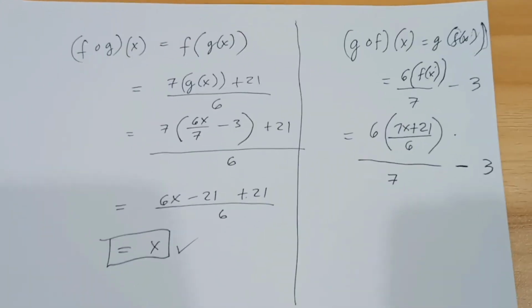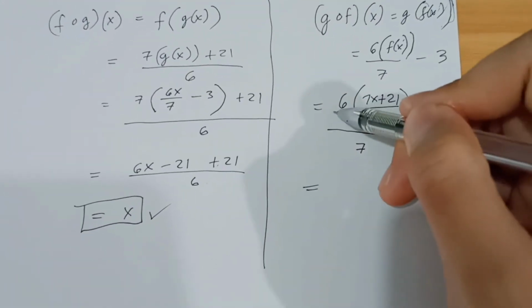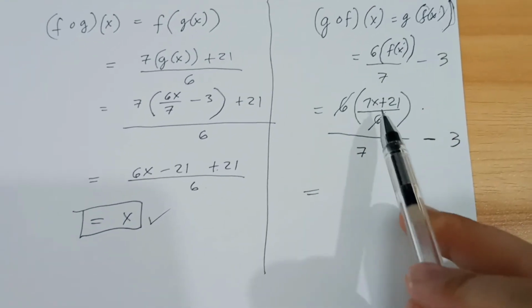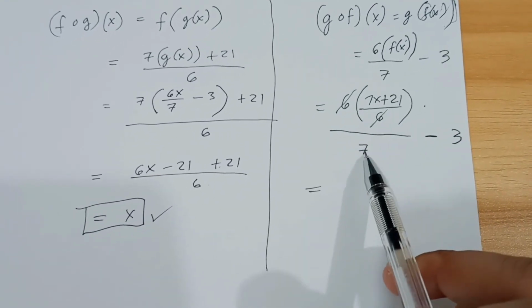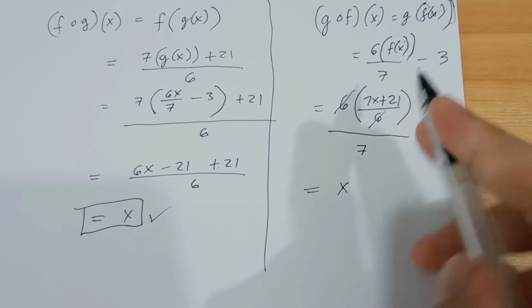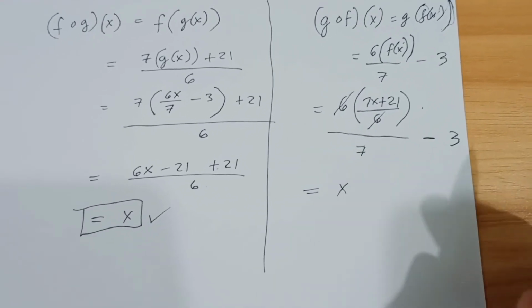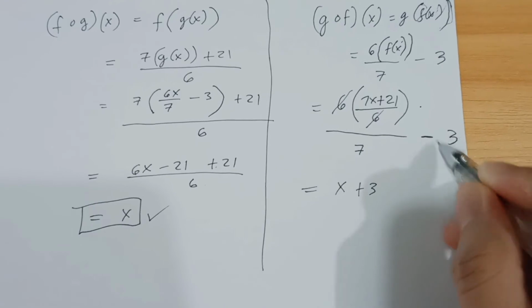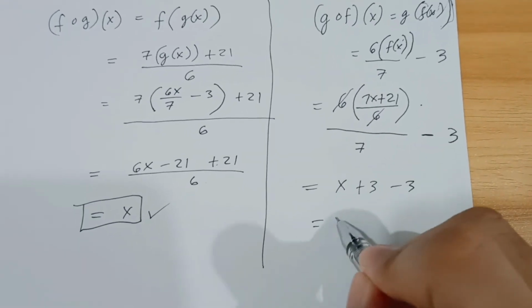Cancel yung 6. So, 7x divided by 7, x na lang. 21 divided by 7, positive 3. Tapos may minus 3 ka pa dito. So, x ang natira.